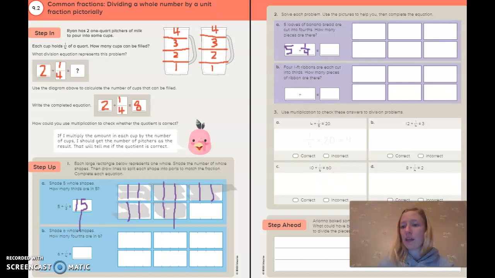You're going to shade in 5. Let me get that going. Shade in 5. 1, 2, oh my gosh, 3, 4, 5. I did my best, guys. And then you're going to break them up into fourths. So 1, 2, 3, 4, 5.